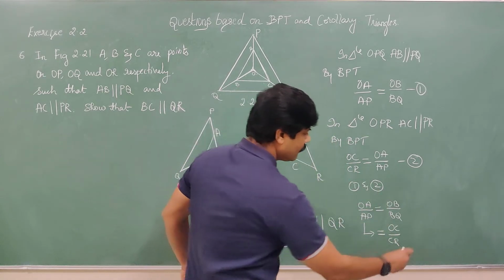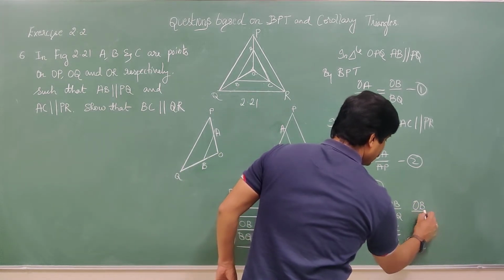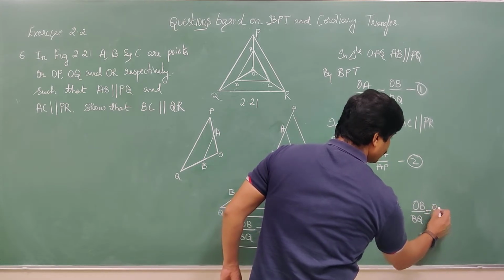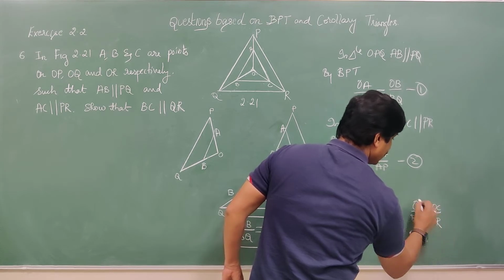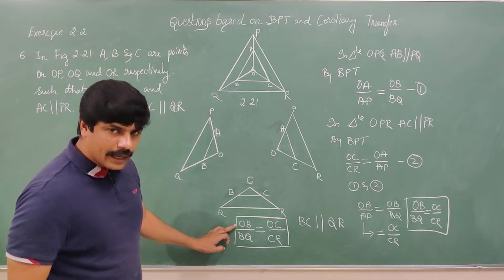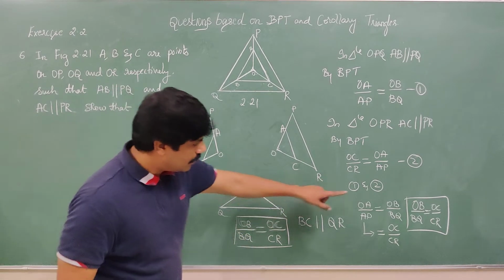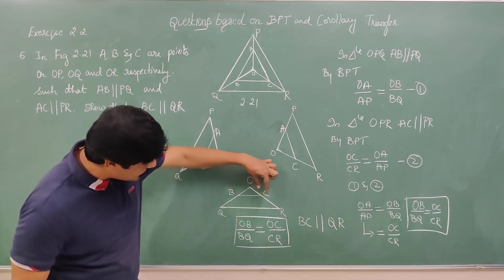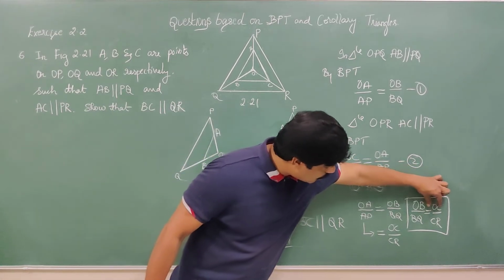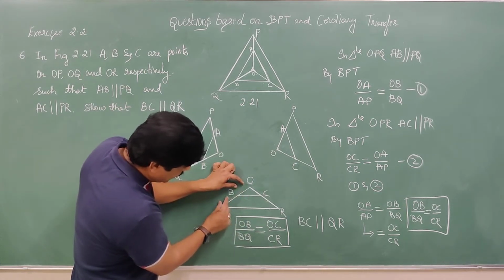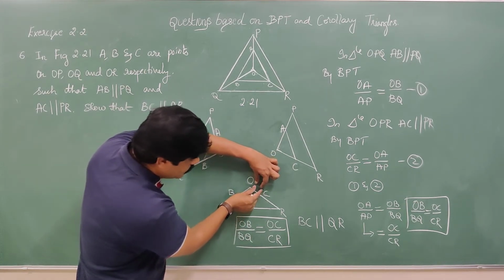Therefore, OB by BQ is equal to OC by CR.